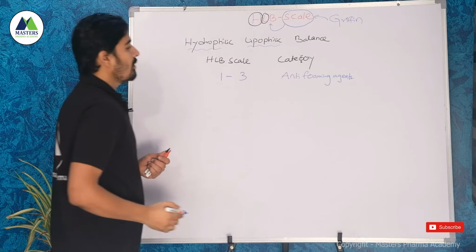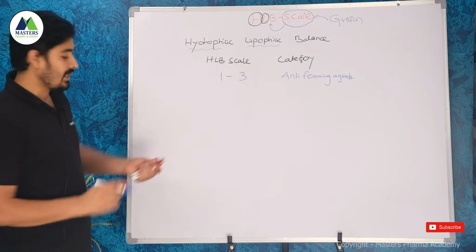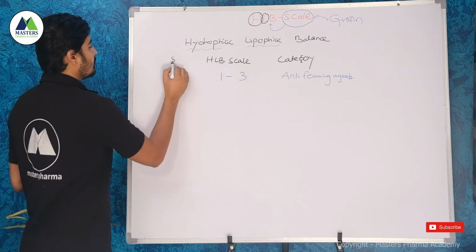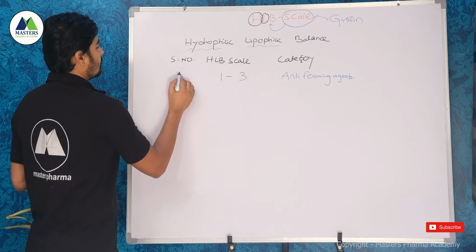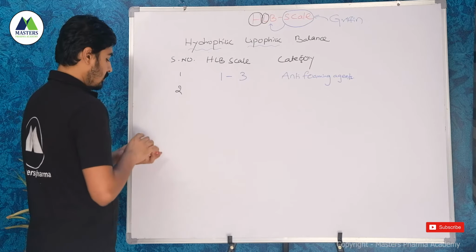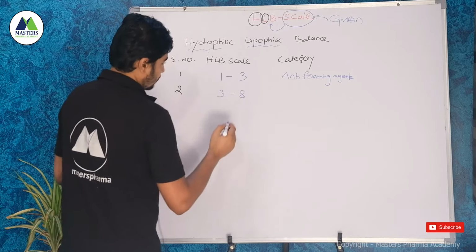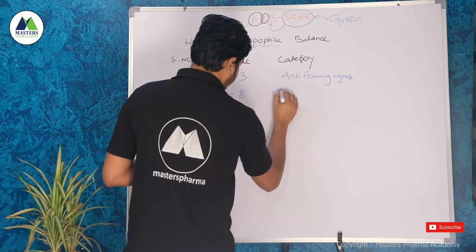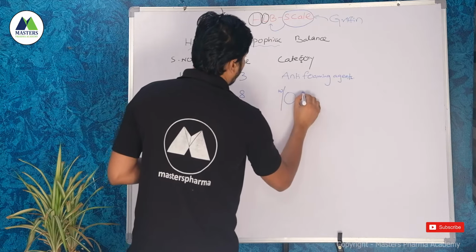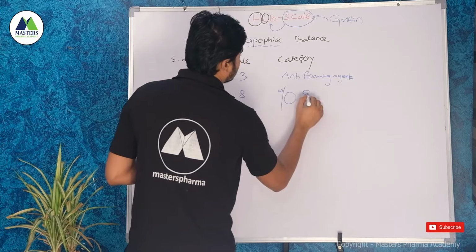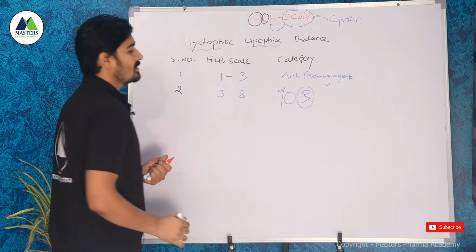Serial number 2, 3 to 8. The category is W by O emulsifying agents. So this is the symbol of an emulsifying agent or surfactant.